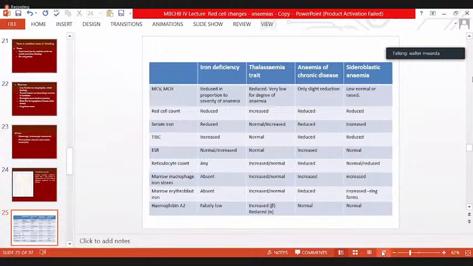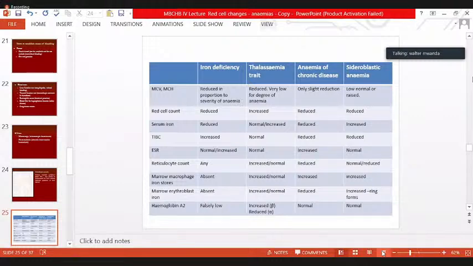In the severer form, chronic disease may present with microcytic hypochromic cells. However, early on, anemia of chronic disease manifests with normocytic normochromic cells. Then we have sideroblastic anemia. In other words, the 4 common causes of microcytosis are iron deficiency, thalassemia, chronic disease, and sideroblastic anemia.